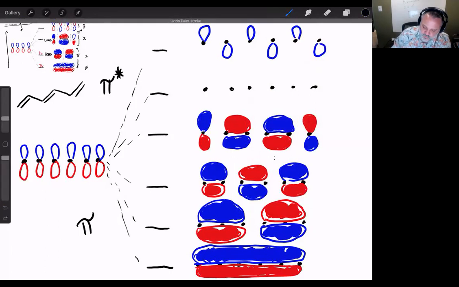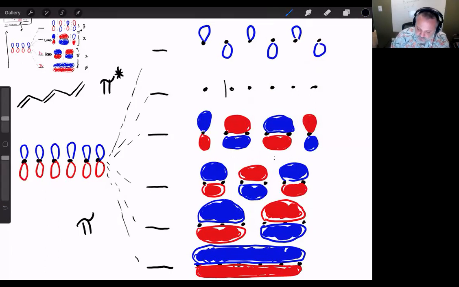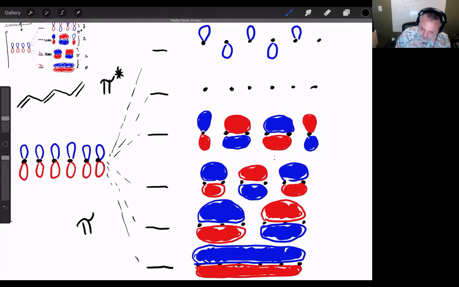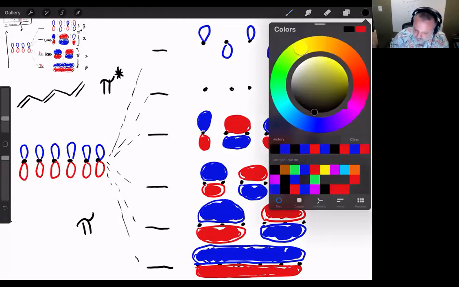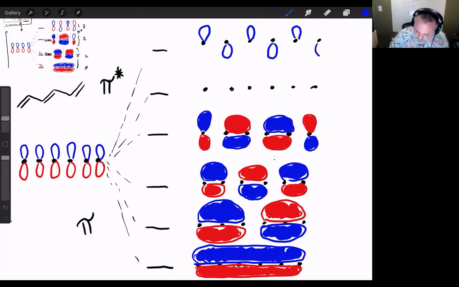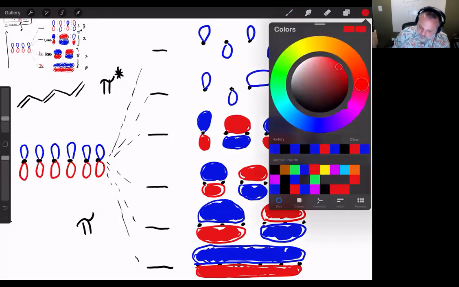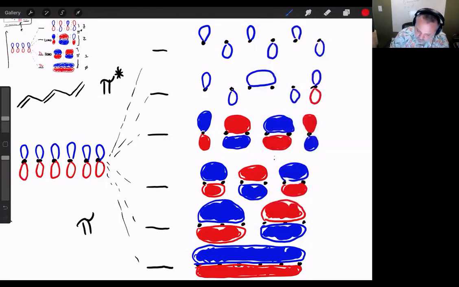There's only one way to do 4 symmetrically. So let's do it that way. 1, 2, 3, 4.